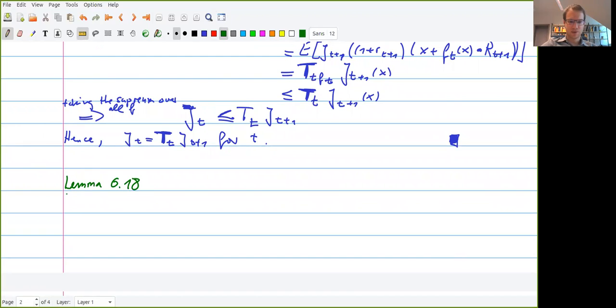So what I want to discuss, I want to consider a super simple case as before. The setting is as before, but we want to assume that the discounted returns are 0.